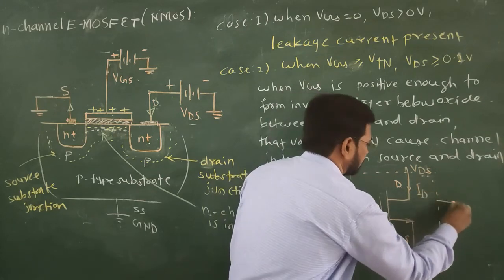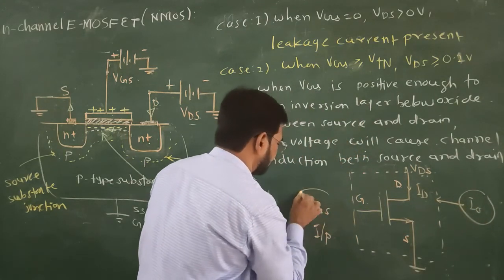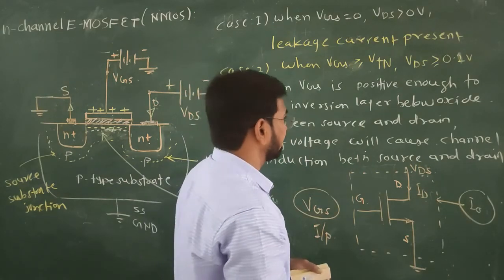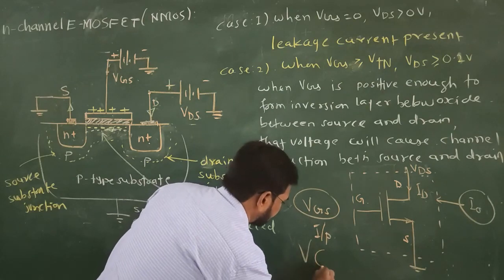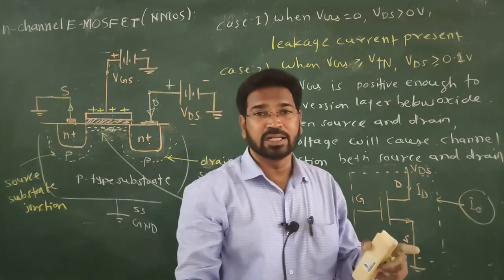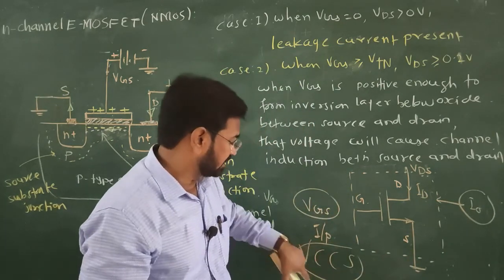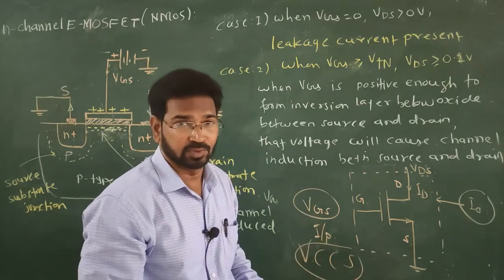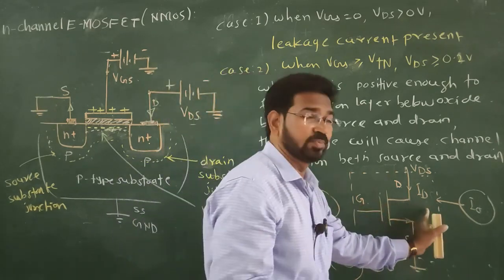So, ID is the output current, and VGS is the input voltage. Therefore, we can say that this works as a voltage controlled current source. MOSFET is a voltage controlled device and it works as a VCCS, voltage controlled current source, because it is the gate voltage which controls the output drain current.